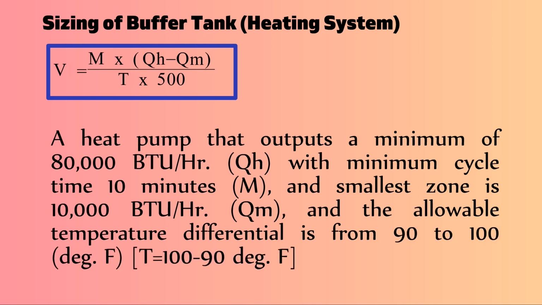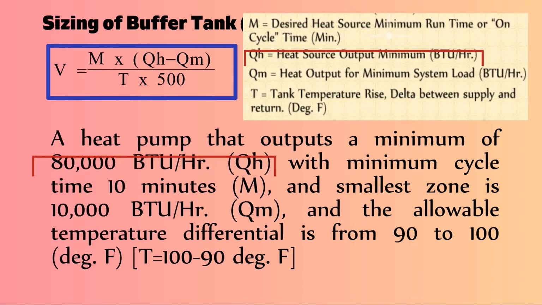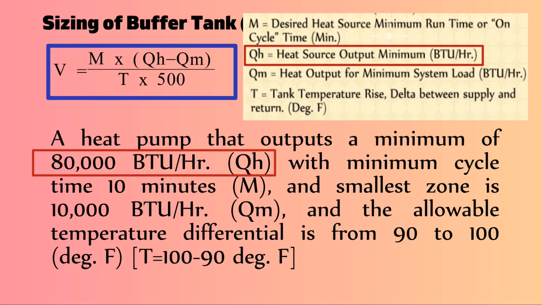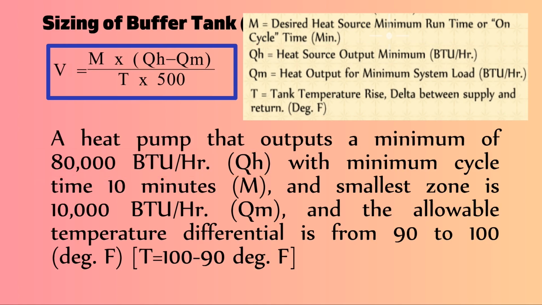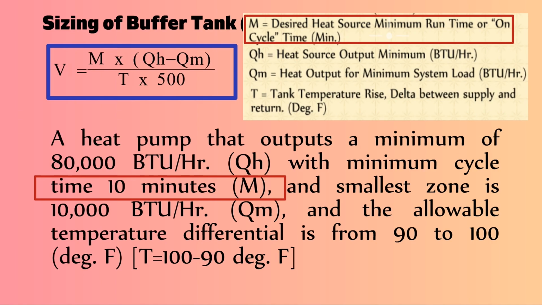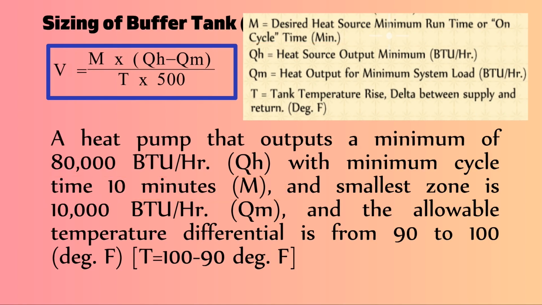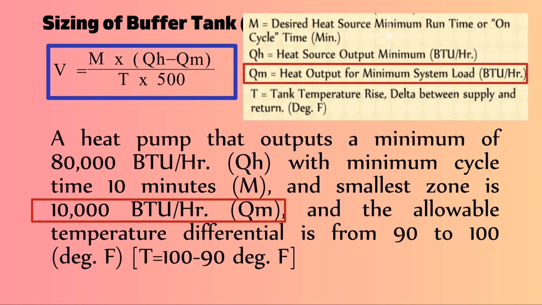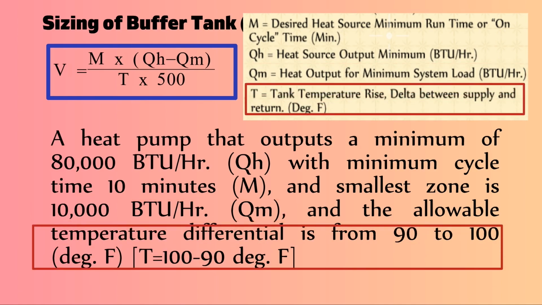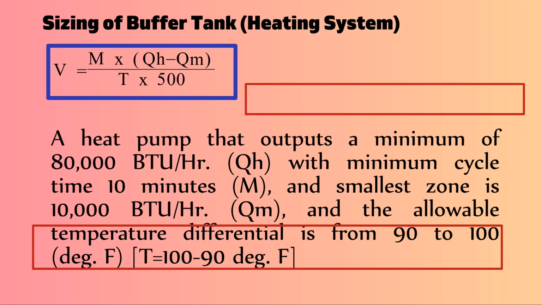From the equation, we clearly see that QH is the heat source output minimum, here 80,000 BTU per hour. Then the desired heat source minimum runtime, M, equals 10 minutes, the smallest zone is 10,000 BTU per hour, and the allowable temperature differential is 100 minus 90 equals 10 degrees Fahrenheit.